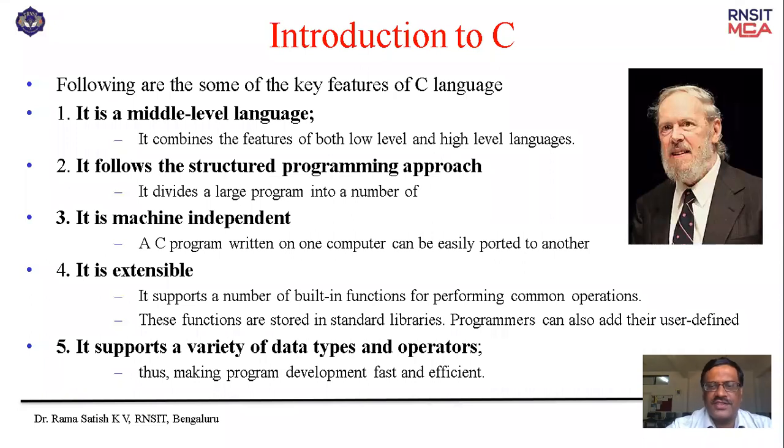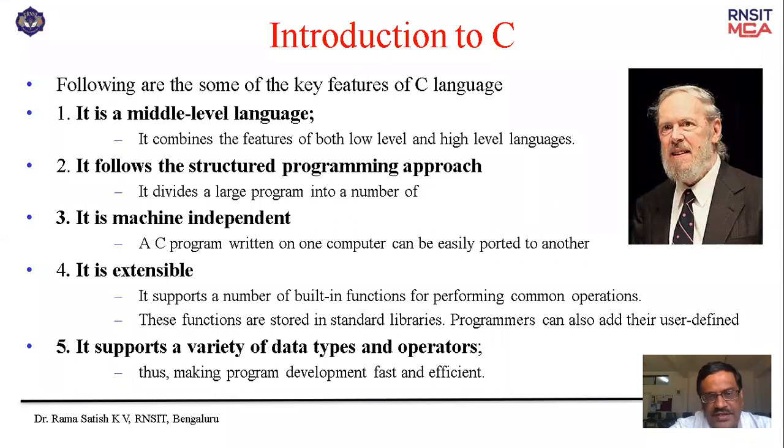In the examination and the test, they may probably ask what are the 5 features of the C language. So this is taken from your textbook. And remember, whenever you are answering in the examination or test, you should always refer to the textbook, and whatever points are in the textbook, only those points you should write in the examination.